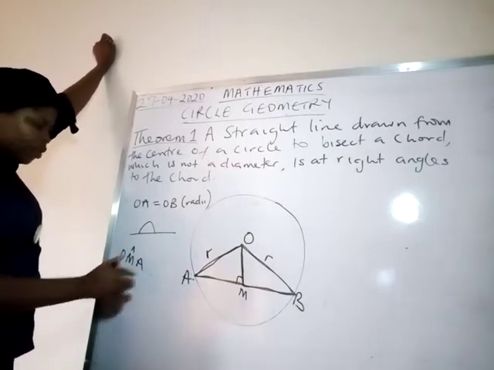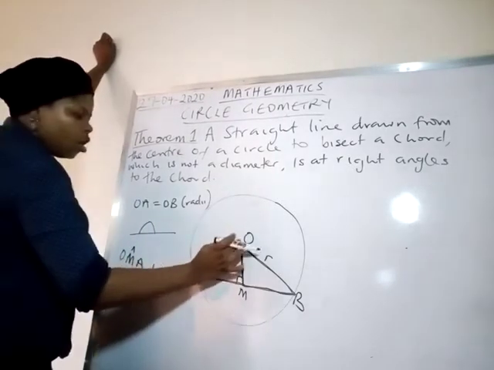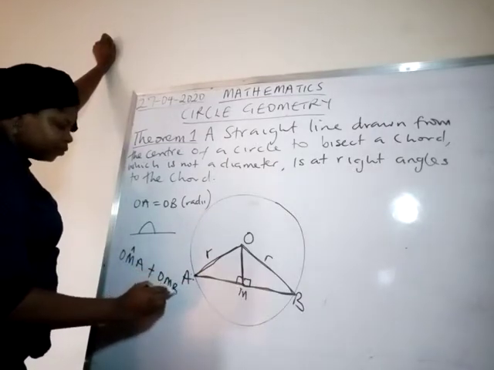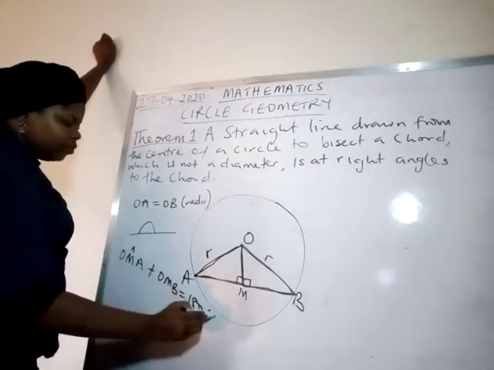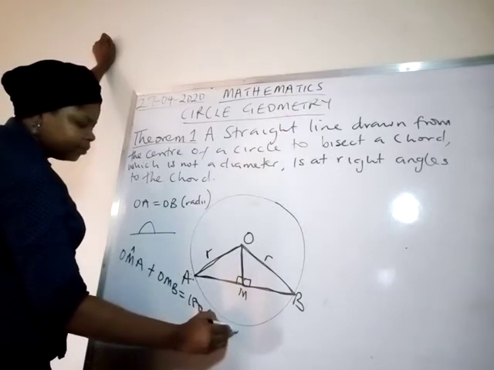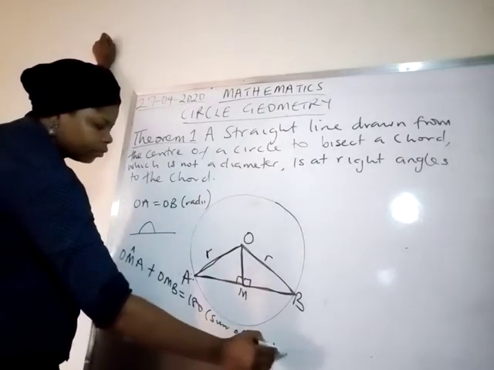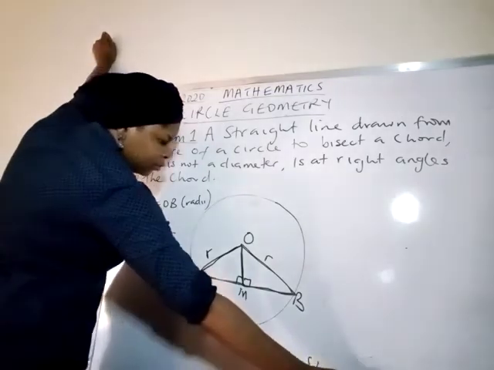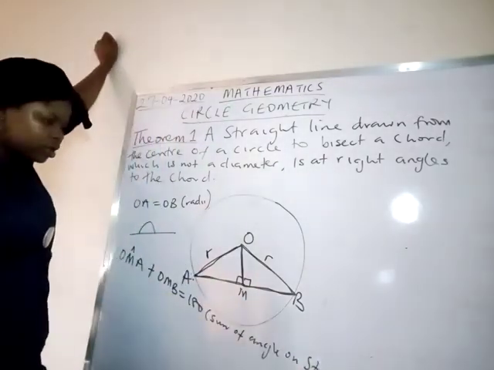OMA plus OMB, that is, I'm referring to this angle here. OMB is what? 180 degrees. Reason: sum of angles on a straight line.